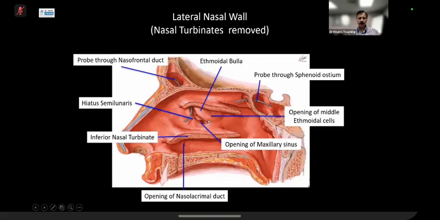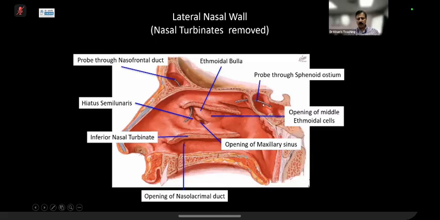So a recap: into the hiatus semilunaris drain the frontal sinus, the anterior ethmoidal sinus, the middle ethmoidal sinus, as well as the maxillary sinus. All of them ultimately drain into the middle meatus, and then into the nasopharynx. Now, the posterior ethmoid sinus actually drains into the superior meatus, which is not very well seen on radiology.